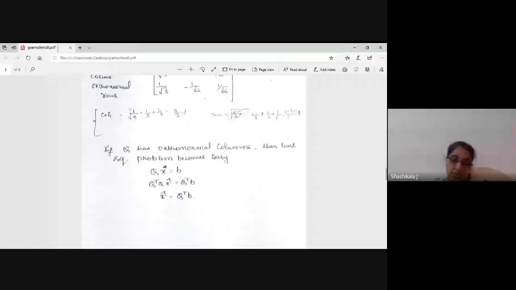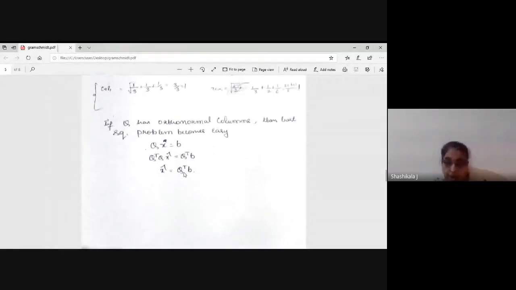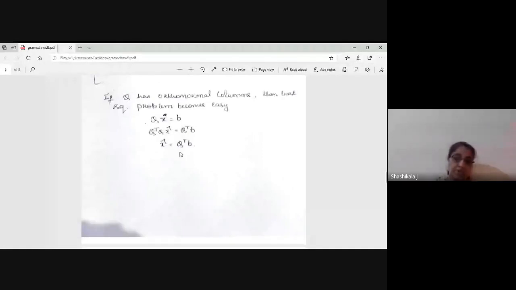Instead of that, you can also obtain x cap is equal to Q transpose into b. You know that Q transpose Q is equal to the identity, and you multiply both sides with Q transpose, then x cap is equal to Q transpose b, in order to obtain the solution.